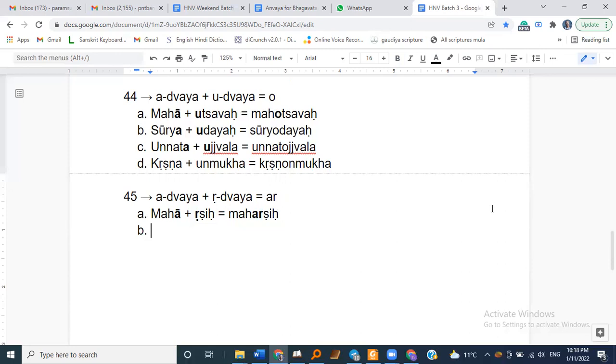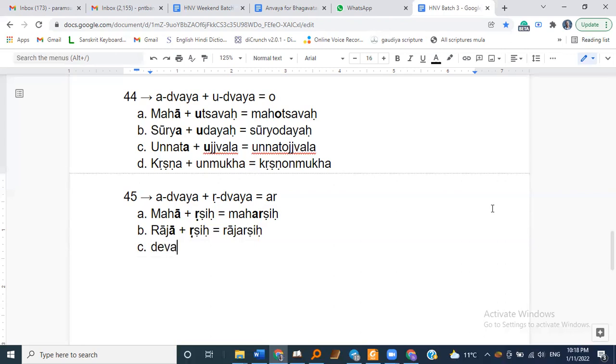Similar words are there, like, what else? Rajarshi, Devarshi. So Raja Yukta Rishi: again, one of the Advaya, Arama and Rama, both of them are replaced by Ar. So we get Rajarshi.